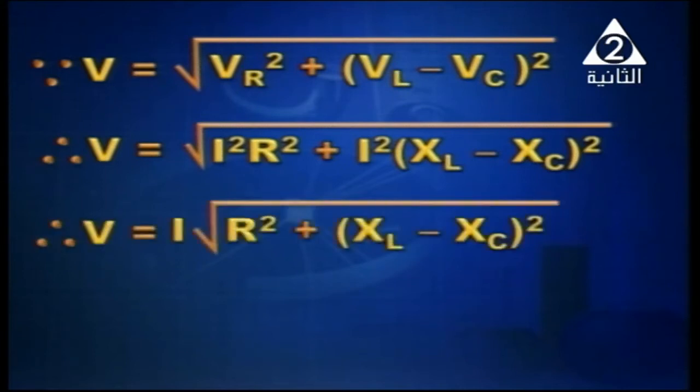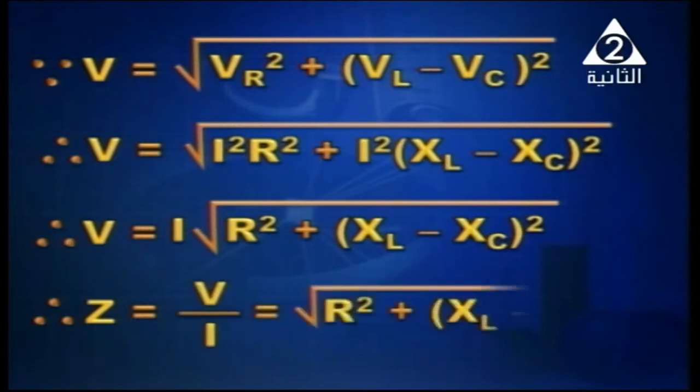So V equals I times the square root of R squared plus (XL minus XC) all squared. In this way we'll be able to obtain the impedance denoted by Z. So Z is equal to V over I. It is equal to the square root of R squared plus (XL minus XC) all squared.